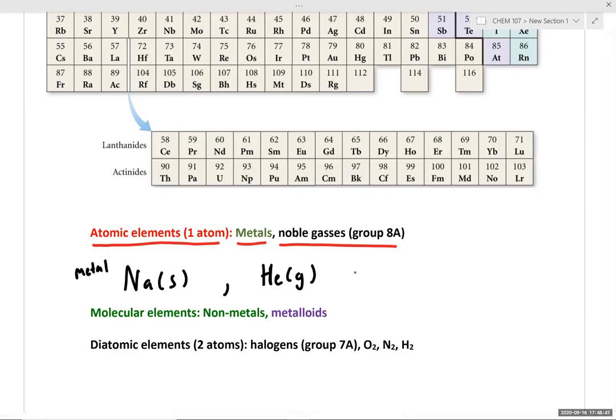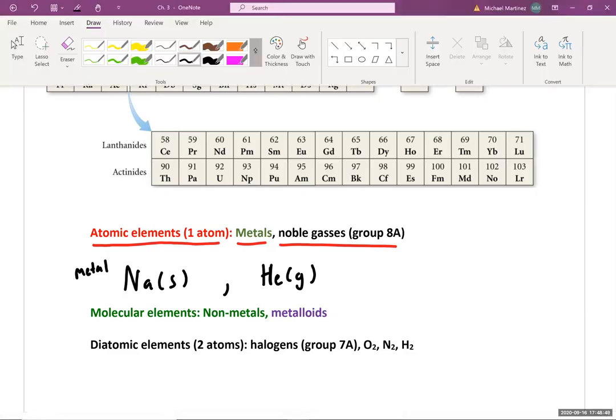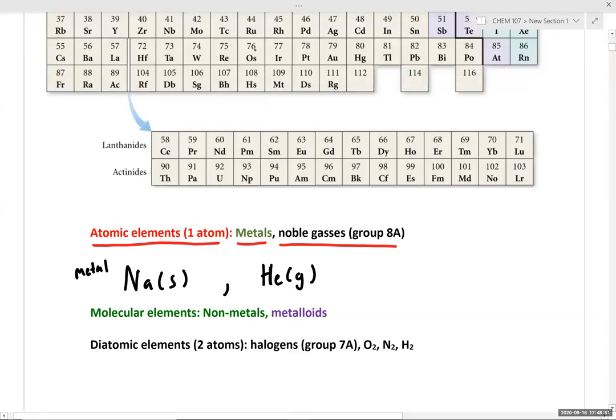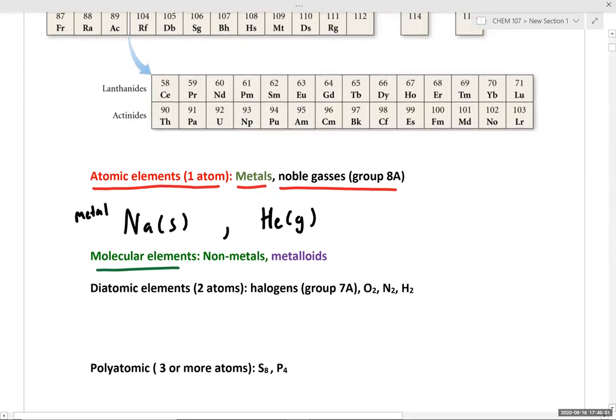So the other type of species are molecular elements. If you have a question, don't be shy to unmute and ask. For our molecular elements, these consist of our nonmetals and metalloids.